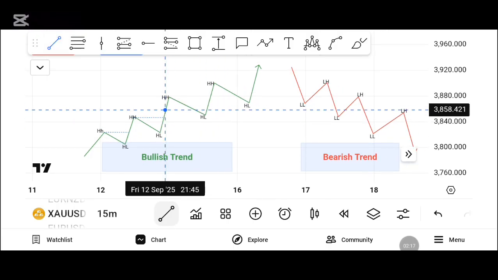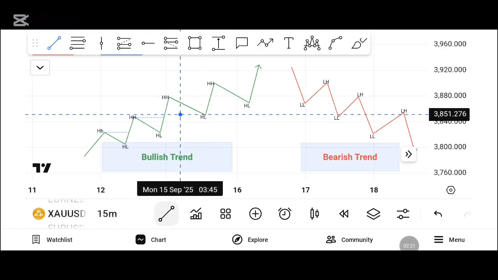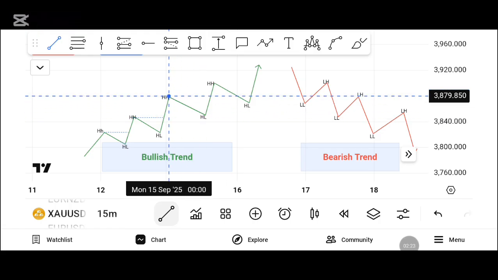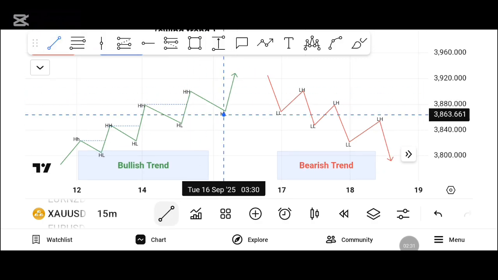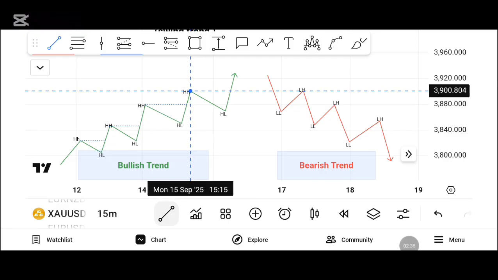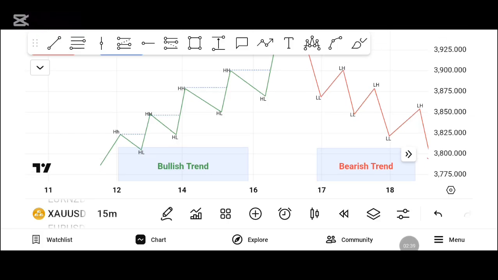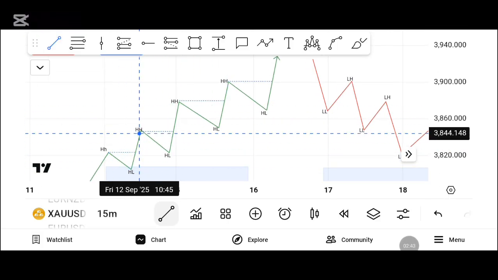So we have a new higher high again, retrace back again, and give us a new break of this high. So this is a break of high. The market retraces back again and gives us a break of this high. So we'll keep having a series of higher high, higher low, higher high, higher low.